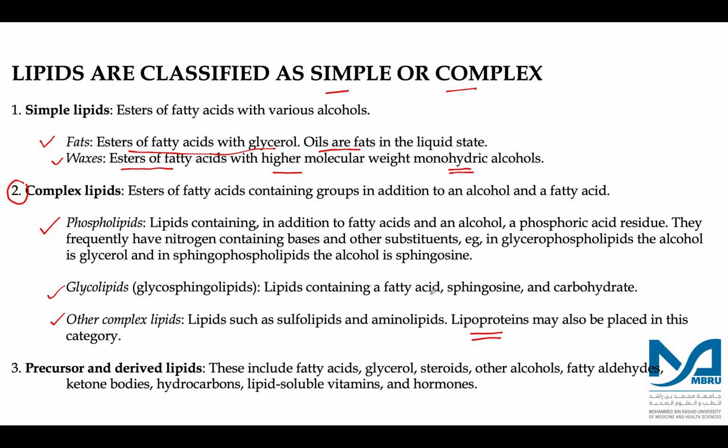So what are phospholipids? In phospholipids, in addition to fatty acids and alcohol, there is a phosphoric acid residue. You already know what phosphoric acid is, so I'm not going to dwell on that.